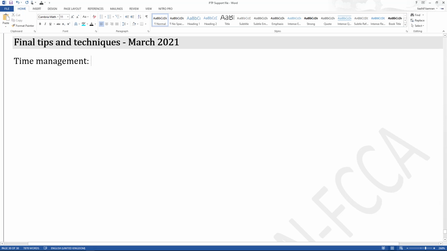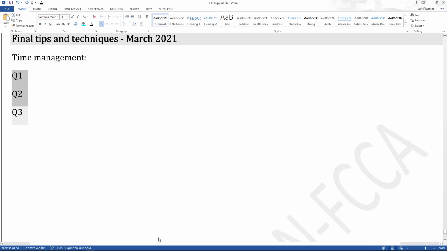See, you have 3 questions in the paper: question 1, question 2, question 3. You have to run over them. And every question has an ideal time. I don't understand the student methodology of spending over time. Do you believe each of these questions has a particular time zone?